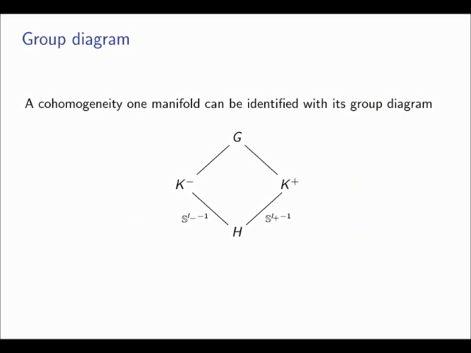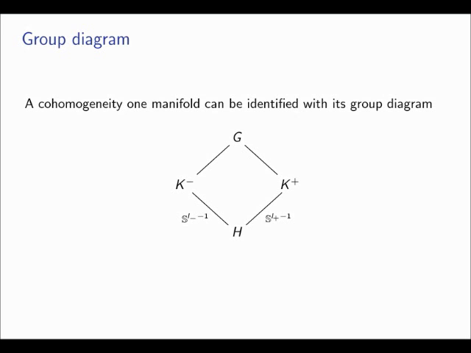Another way to write the cohomogeneity one manifold is called the group diagram. You have the isometry group for your manifold, and then you have the isotropy group for the singular orbit. In the S2 case, this is just SO3 and SO2 and SO2 for the fixed points. You have the H, called the isotropy, and there are some relations for these: the quotient of these two groups has to be some sphere.